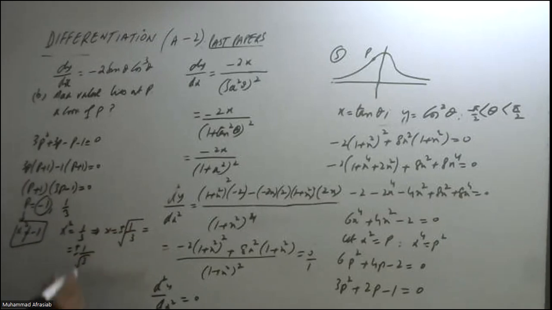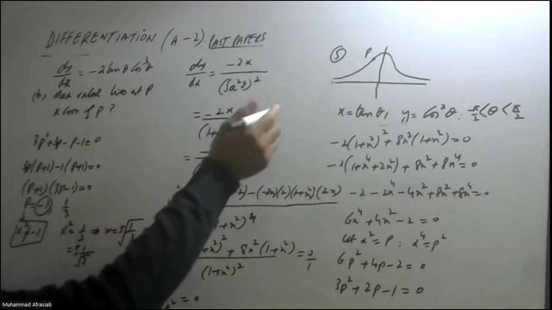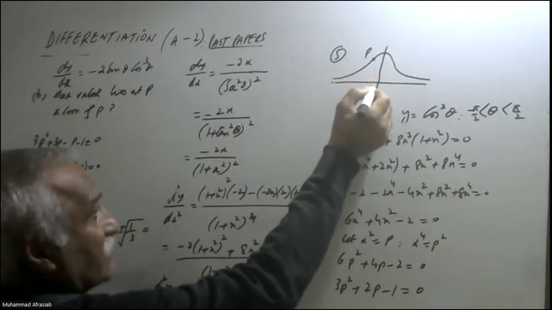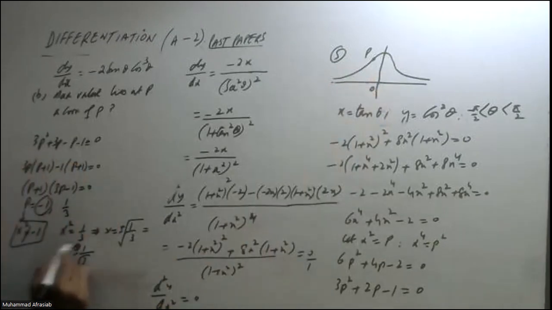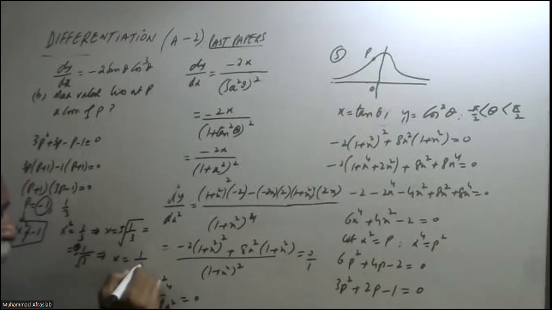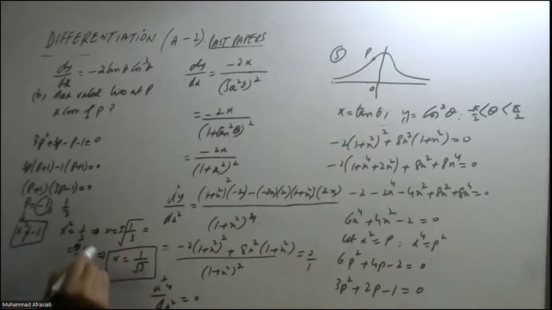But the value of x is going to lie on the left side of this equation, so the positive value will be rejected. So the x value is equal to 1 over root 3, and that is the required answer for this question.